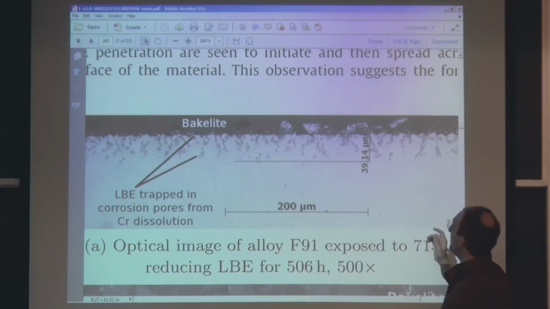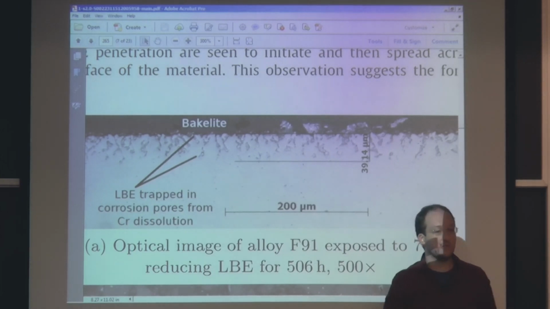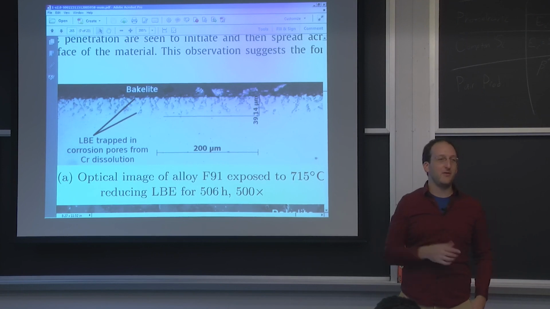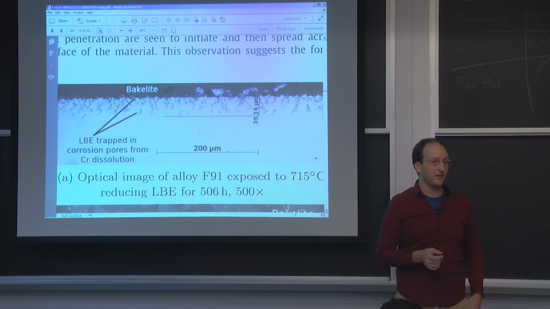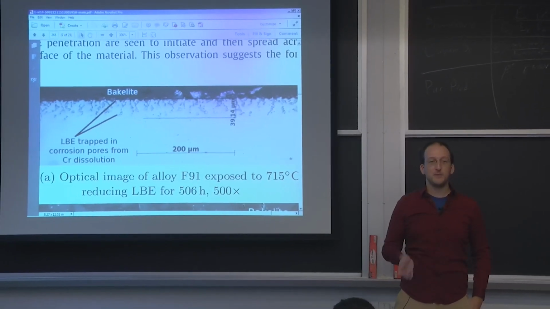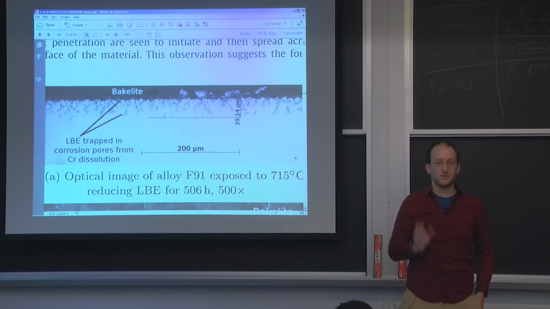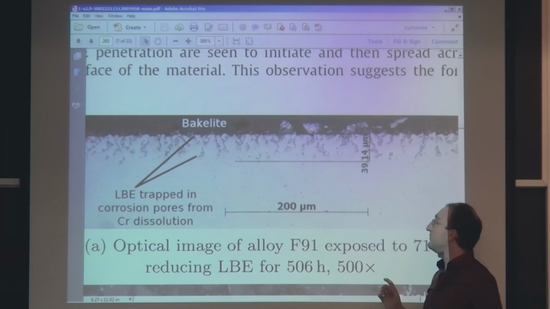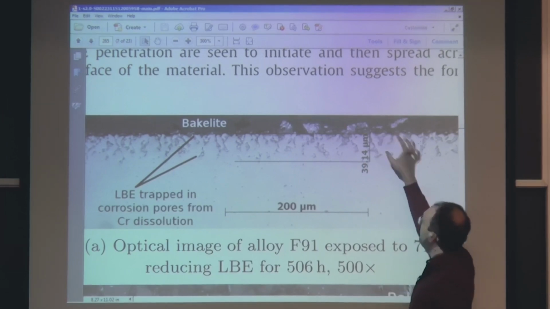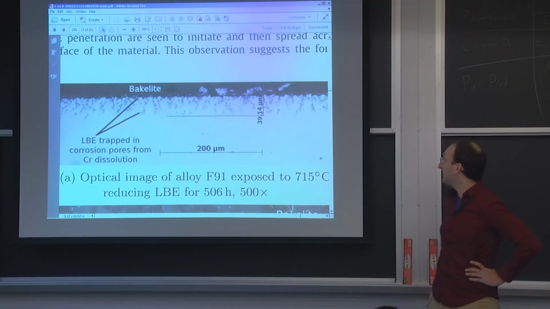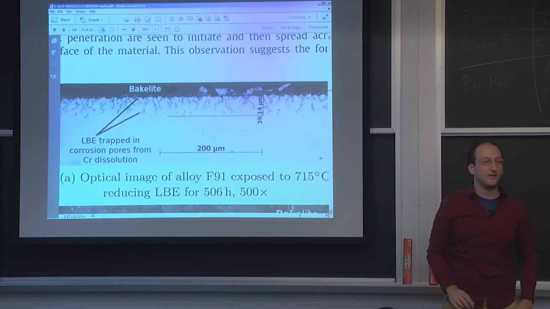So an optical microscope, in this case, you can't get better resolution than about half a micron, because even the blue wavelengths of light are getting down into about the 450 nanometer regime, and it's very difficult without interference techniques or other fancy things to beat that diffraction limit, to beat the sort of wavelength limit of optical microscopy. So this is a 500x optical microscope image, and you can see these little fingers. In this case, it's liquid lead bismuth penetrating into a stainless steel that we were doing corrosion experiments on. And that's as good as the image can get in an optical microscope.